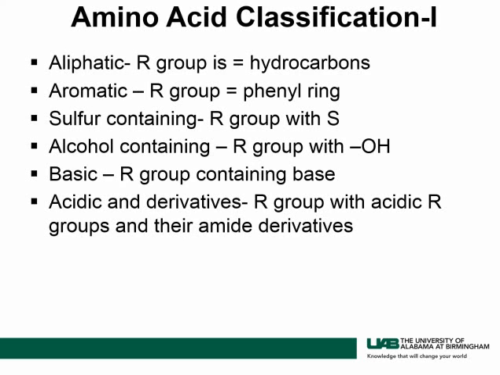Alcohol containing, R group contains OH. Basic, R group contains the amino group. Acidic and their derivatives, R groups contain acidic with the acidic class, and the R group contains the amide derivative of the acid. And we're going to look at all this.